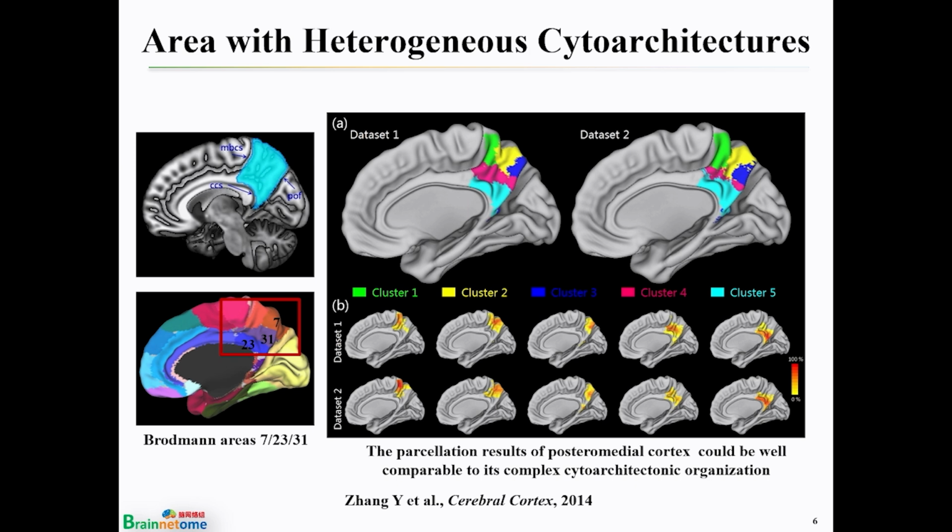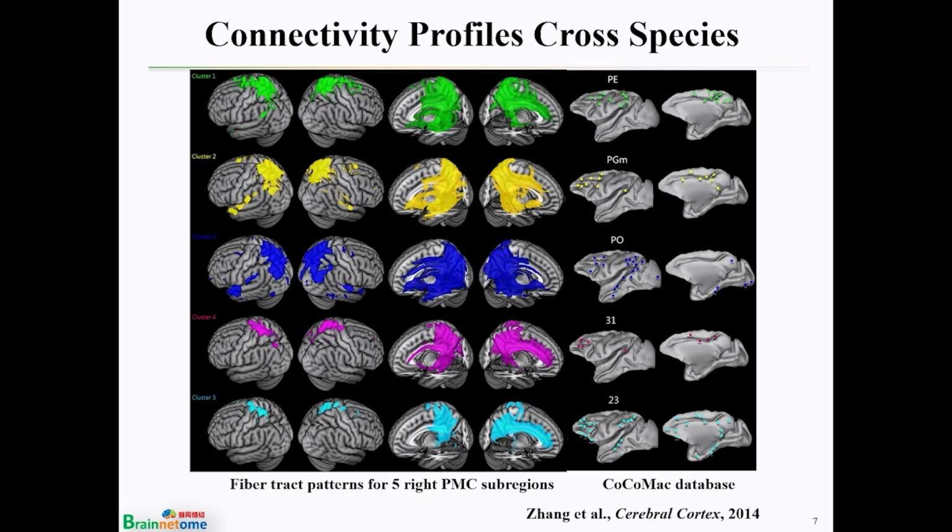Using anatomical connectivity, we can parcellate the posterior medial cortex into 5 different parts, each with a different connectivity profile. On different datasets, we get very similar results. This shows that for 5 different brain regions, we get 5 different connectivity profiles.